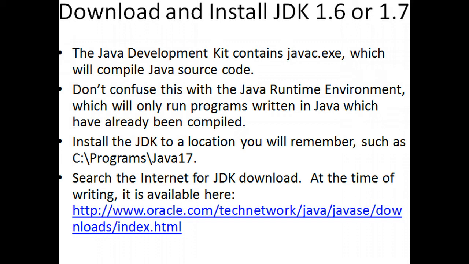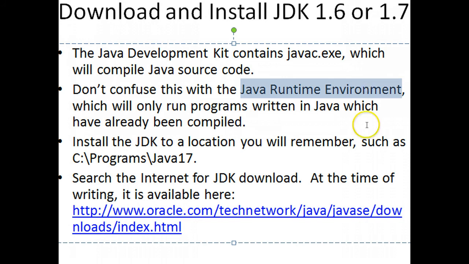Now, the Java Development Kit is different from the Java Runtime Environment. The Java Runtime Environment is what runs Java programs. So be very careful here. If you have a laptop that maybe you're borrowing from a friend or something, and you say, do you have Java installed? To most people, that means the Java Runtime Environment.